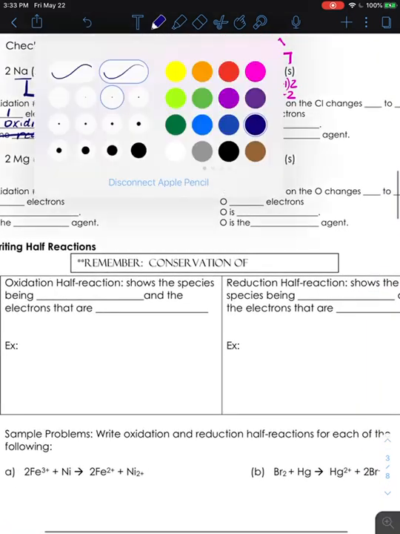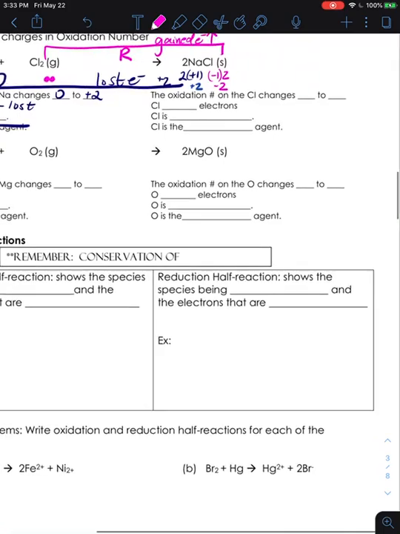Chlorine went from 0 to -2 in total. So they gained electrons. Chlorine is reduced. And on the flip side of that, we call that the oxidizing agent.